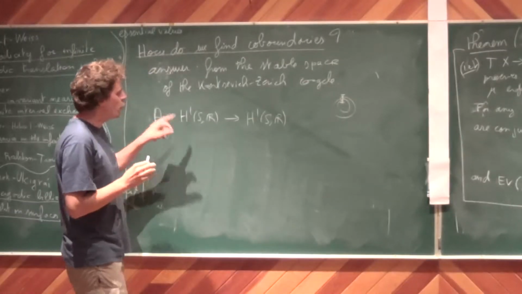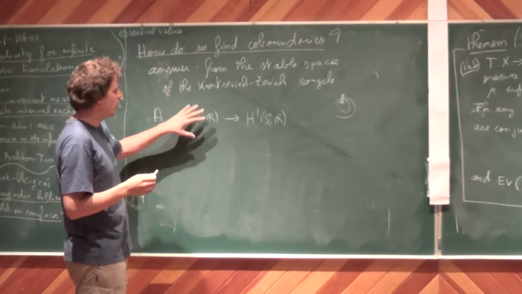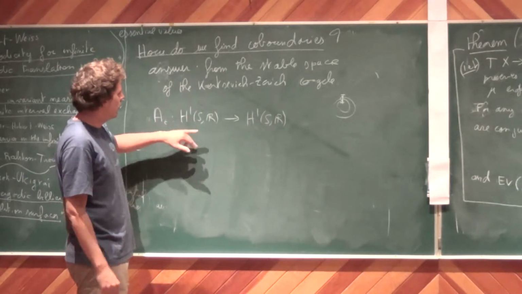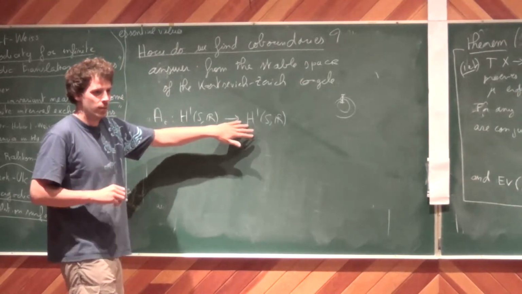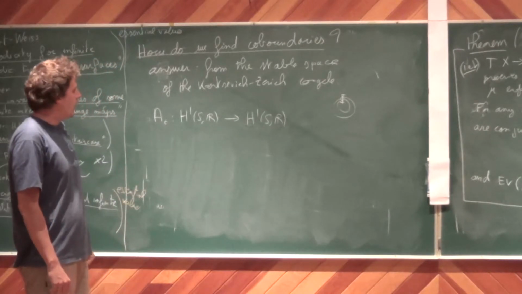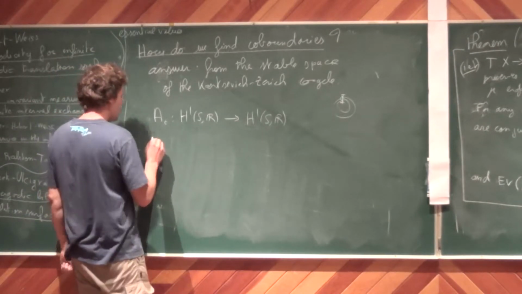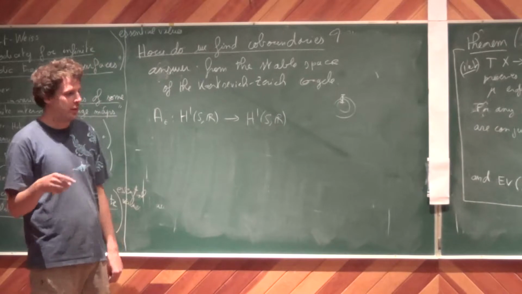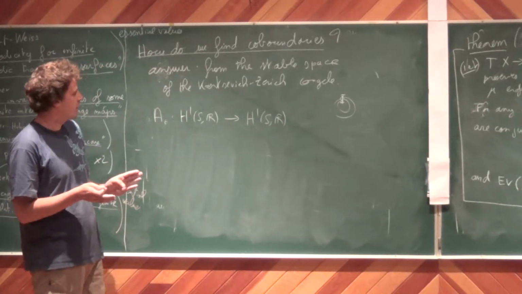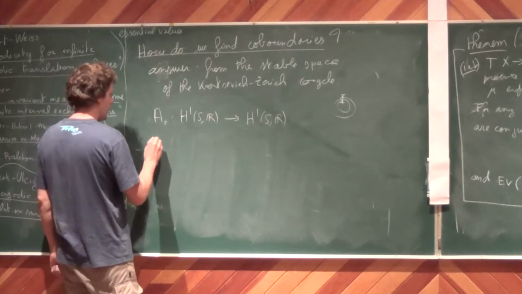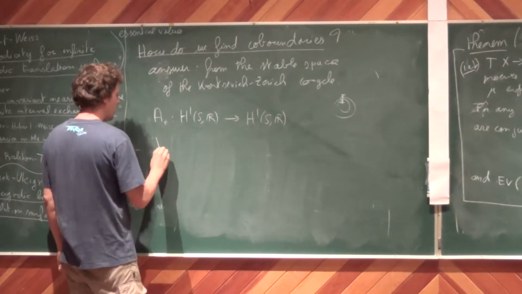And recall that the function that I consider belongs to H1. So I consider this as an operator on functions on my surface. And what is a stable space? I recall that you have Lyapunov exponents. The stable space is the space which concerns the negative Lyapunov exponents. So let's call it Vs.